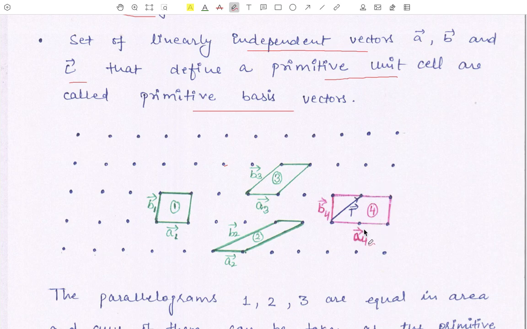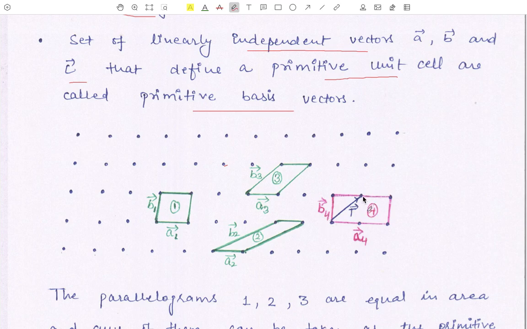But when we see this fourth parallelogram with a4 and b4 lattice vectors, we see that this point cannot be reached with the help of these two lattice vectors a4 and b4. The condition is that the coefficients of these lattice vectors must be integer numbers.